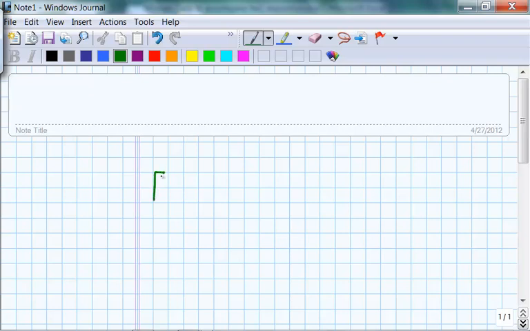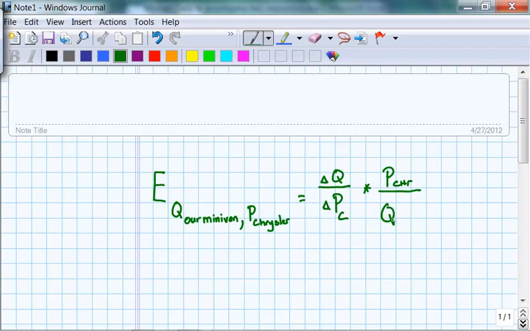So I'm going to write it as the elasticity of the quantity of our minivan when you look at the price of Chrysler is going to equal delta Q over delta price of Chrysler times price of Chrysler over Q hat, our minivan. Right? So that's our basic approach.